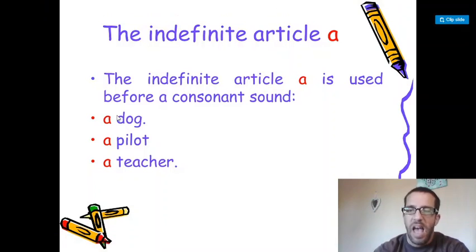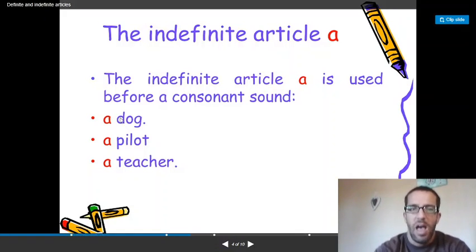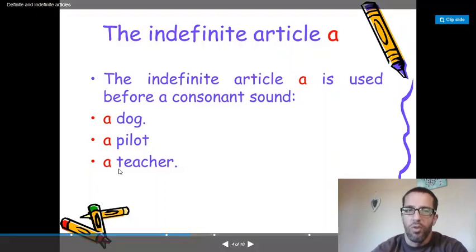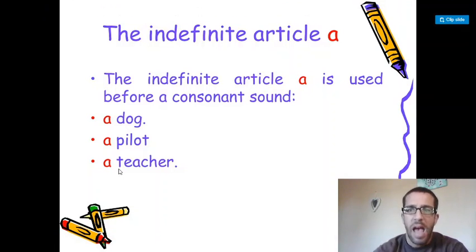We don't say an dog, we say a dog. Second example there, we say a pilot or a teacher. More examples would be a sock, a teddy, a pot, or a light bulb. In other words, any noun that starts with a consonant sound.